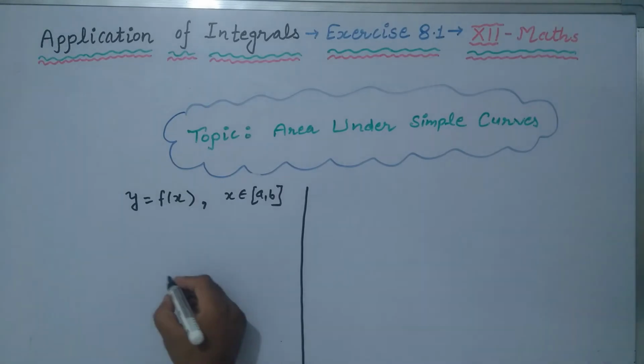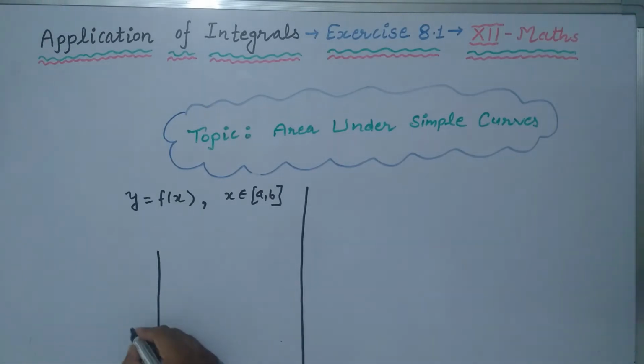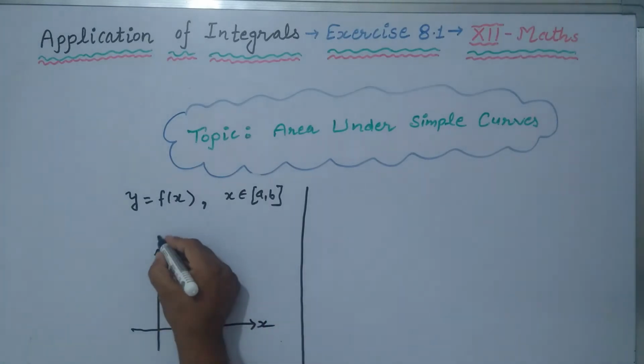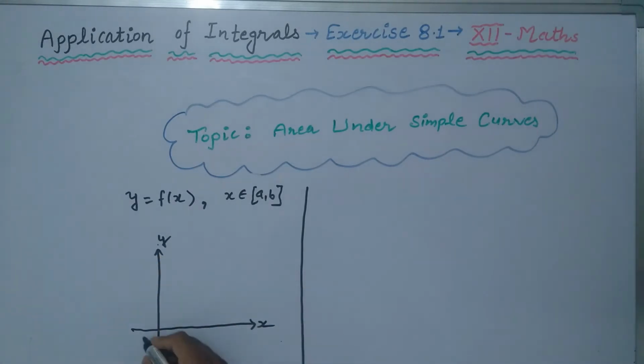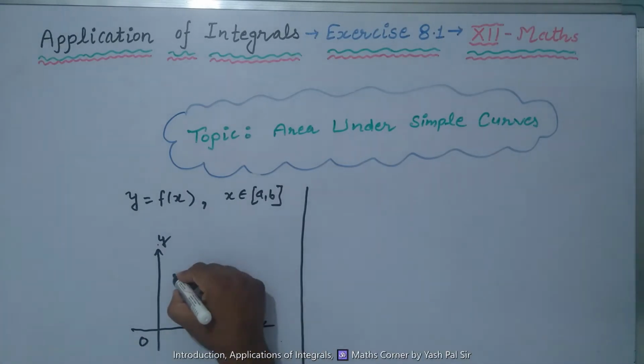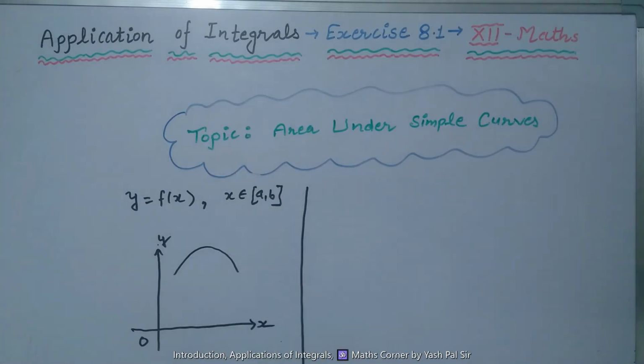So here, suppose we have the Cartesian plane, x-axis, y-axis. This is the origin. Here is the curve, and from the initial point of the curve we draw a perpendicular on the x-axis. Suppose this foot of perpendicular is at a distance a from the origin.